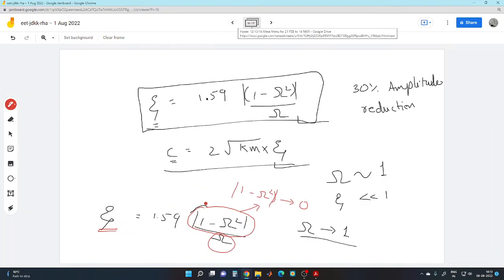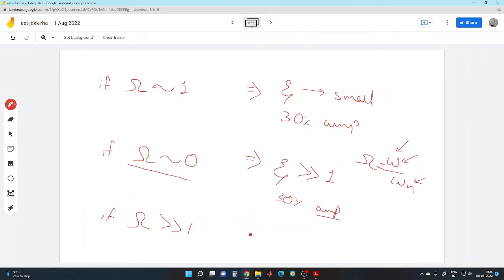What will happen here is this upper term will go much beyond the actual value. So if omega is very, very large than 1, then this implies that zeta is also much larger than 1, which means that 30% amplitude reduction will be obtained by adding much larger damping.